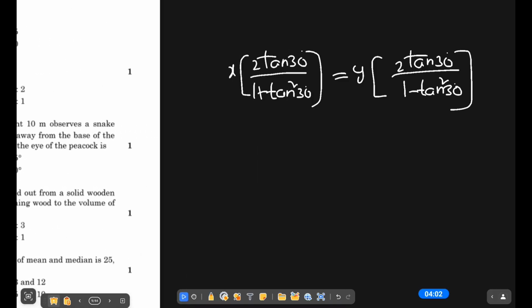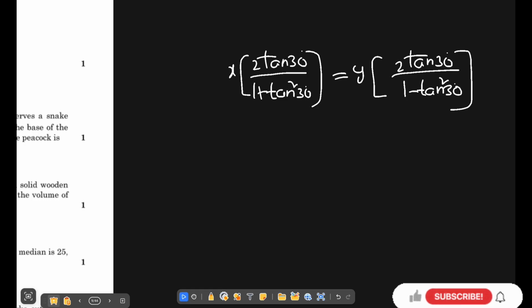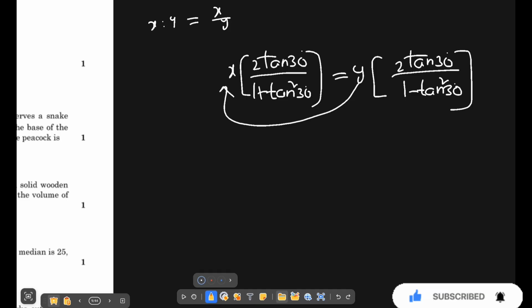Now if you want x is to y, that means it will be equal to x by y. For that, bring this y to the left side and send the remaining 2 tan 30 degrees whole by 1 plus tan square 30 degrees to the right side.